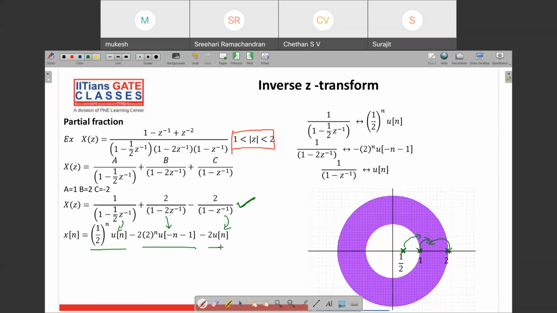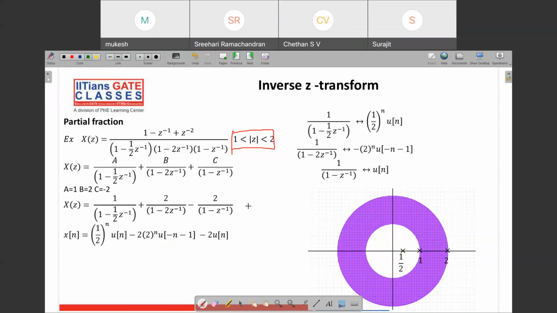Anyone has any doubt? So just tell once more that last line. Okay. So now to find out which one has to be left-sided and which one has to be right-sided, we need to check the pole location with respect to ROC.